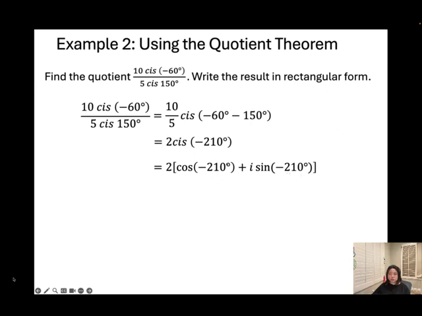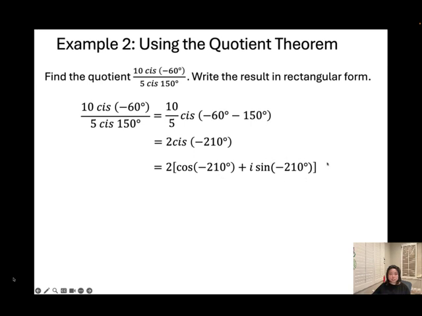So figure out what cosine negative 210 is. The reference angle will be 30, right? So cosine 30 is going to be root 3 over 2, and this is going to be in quadrant 3, so negative root 3 over 2.